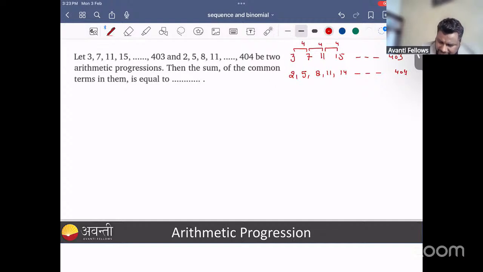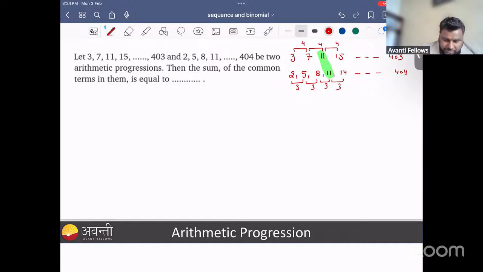Now, this common difference is 3 here. You realize that? So, the first common term in both the series is 11. Again, for the next common term, they will again clock at a gap of 12. One series has common difference 4, the other has common difference 3.